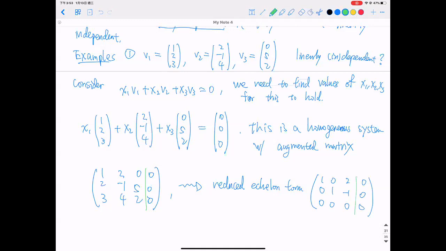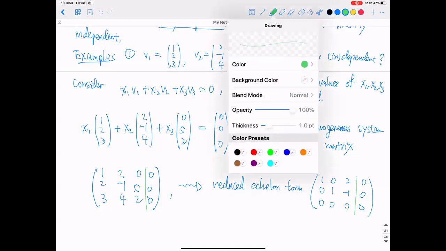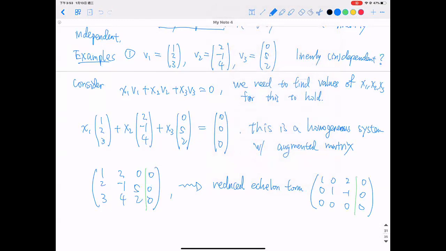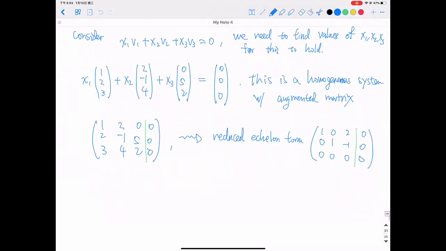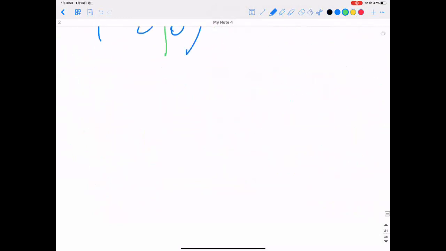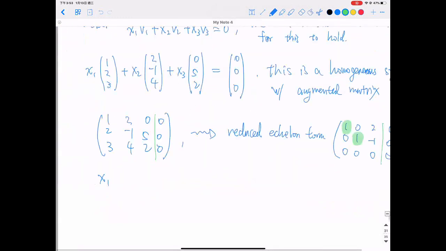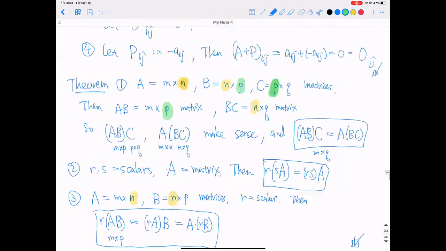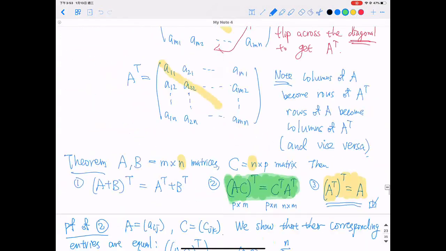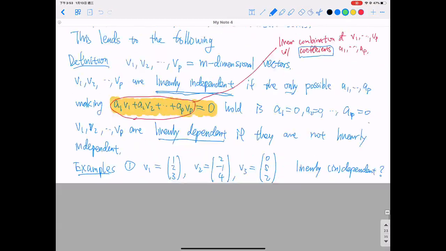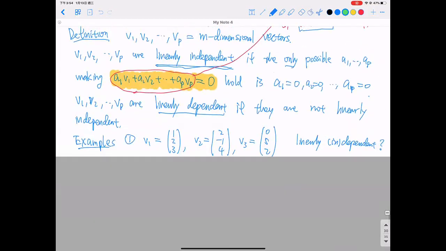So what does that tell us? That tells us that the leading ones are here and there. They correspond to x1.